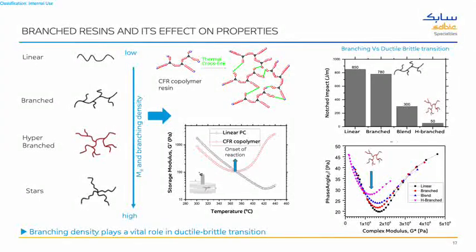When I back calculate the entanglement density, I can clearly show this hyper branch material is affected. In that case, the entanglements for a network will be lower. When I say entanglement density will be lower, it could affect the bulk property like impact.